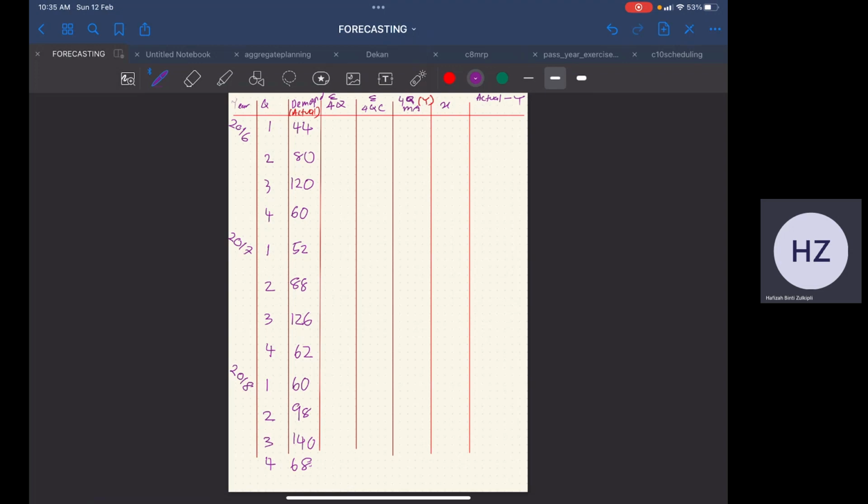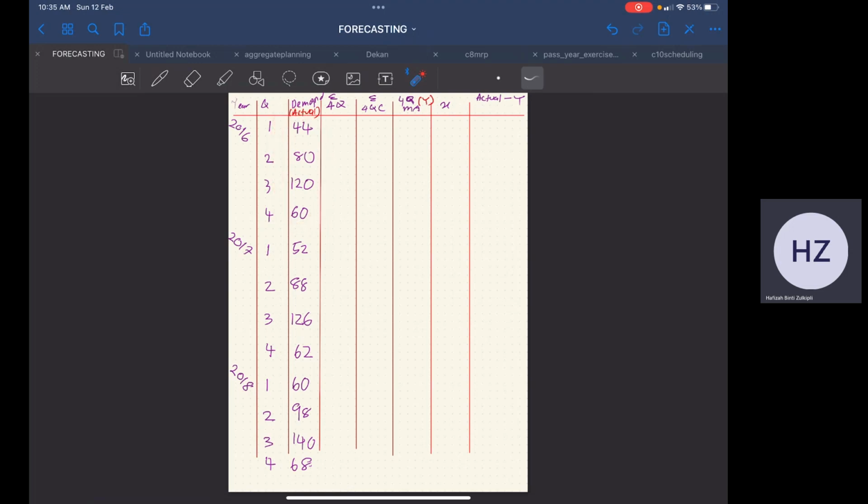Then we need to sum the value of the actual for 4 quarters, starting here with 1, 2, 3, 4. You need to sum all of these values: 44 plus 80 plus 120 plus 60. The summation of this is 304.